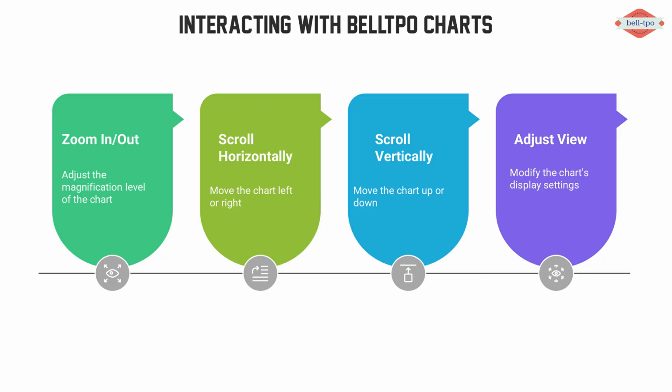Scroll horizontally, dragging the charts left or right to view previous or upcoming sessions, right? And scroll vertically to move the chart up or down for a better alignment and a larger structure of high range profiles within the visible range. And of course, to adjust the view, right click to open the settings and adjust the text sizes, TPO sizes, time intervals, and other visual display preferences, right?